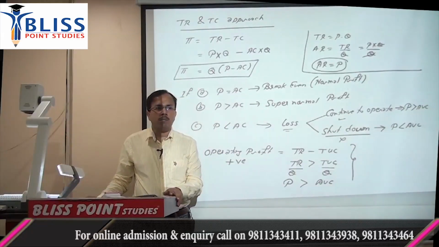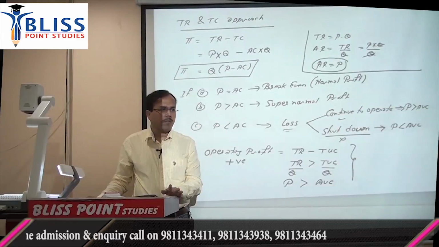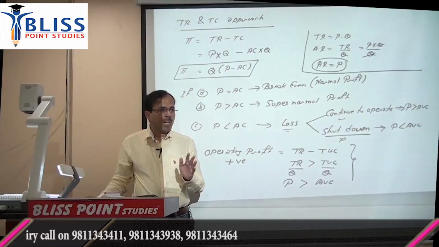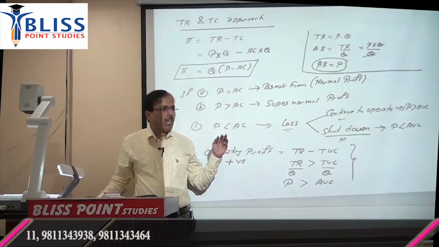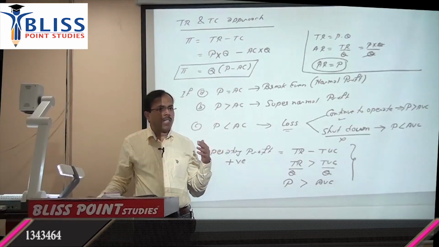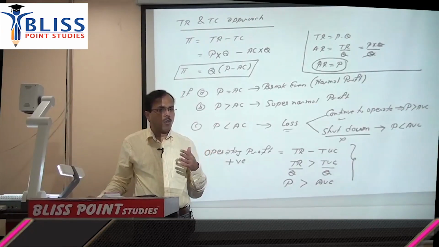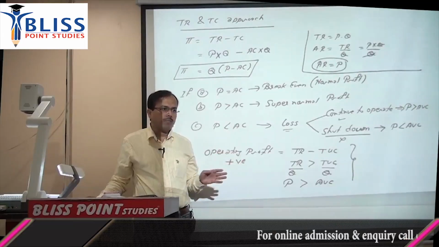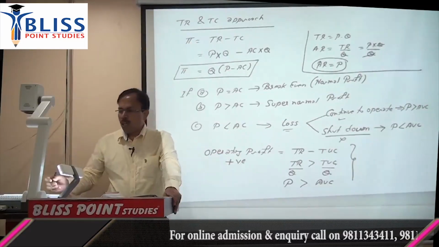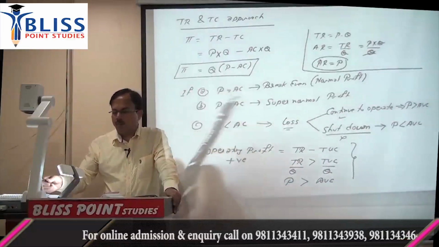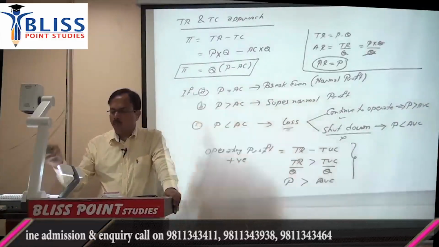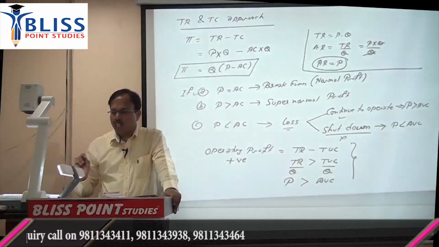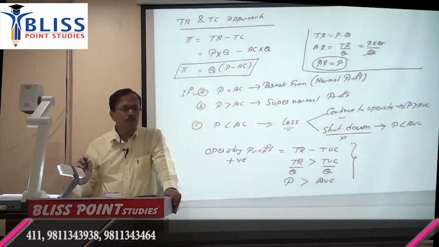And this concept will remain again same in all market. ठीक है, ये market to market concept चेंज नहीं करना है. In any form of market, whether it is competition or oligopoly or monopolistic, this argument will hold. So if you have to show it graphically that firm is having profit, then for profit TR must be greater than TC.